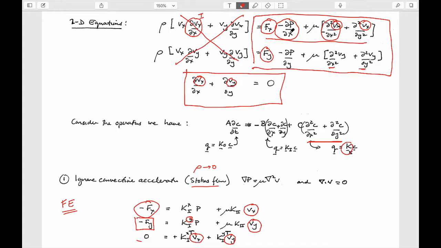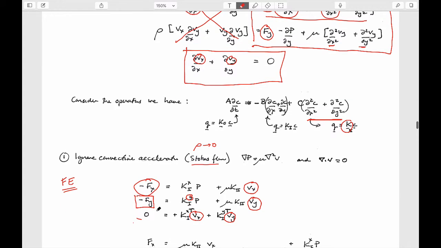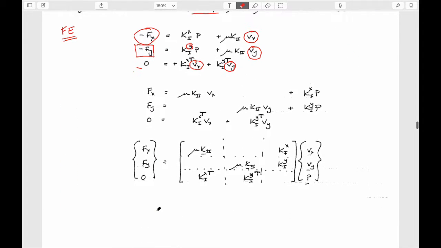There are three equations, there are three nodal variables: velocity in the x direction, velocity in the y direction, and the fluid pressure. And we have this expression that really honors those finite element equations.